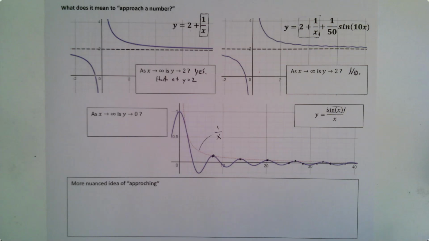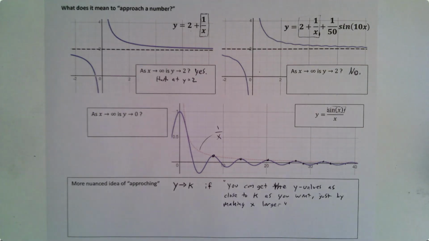Okay, let's try now and write down our more nuanced idea. I said it verbally a second ago, but let's write it now in English so that we can see it written down. We said something like this. y approaches k means something like you can get the y values as close to k as you want them to be just by making x larger.